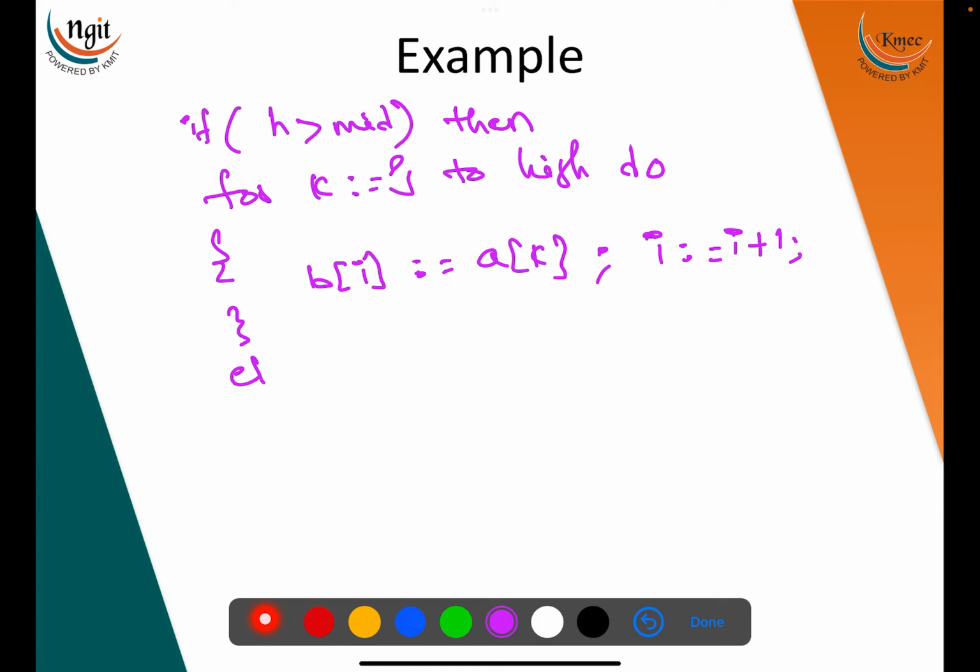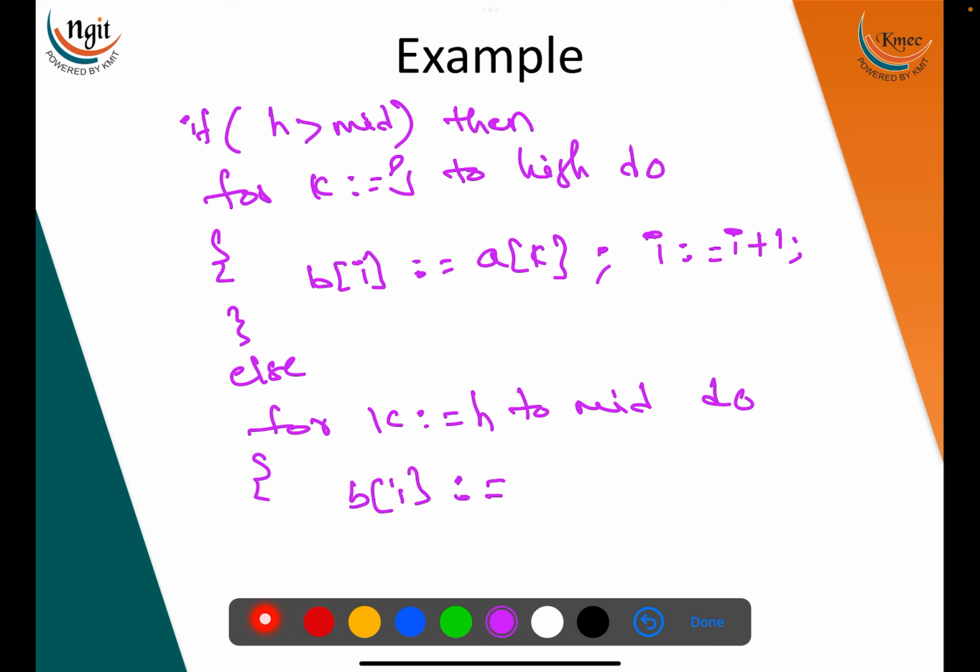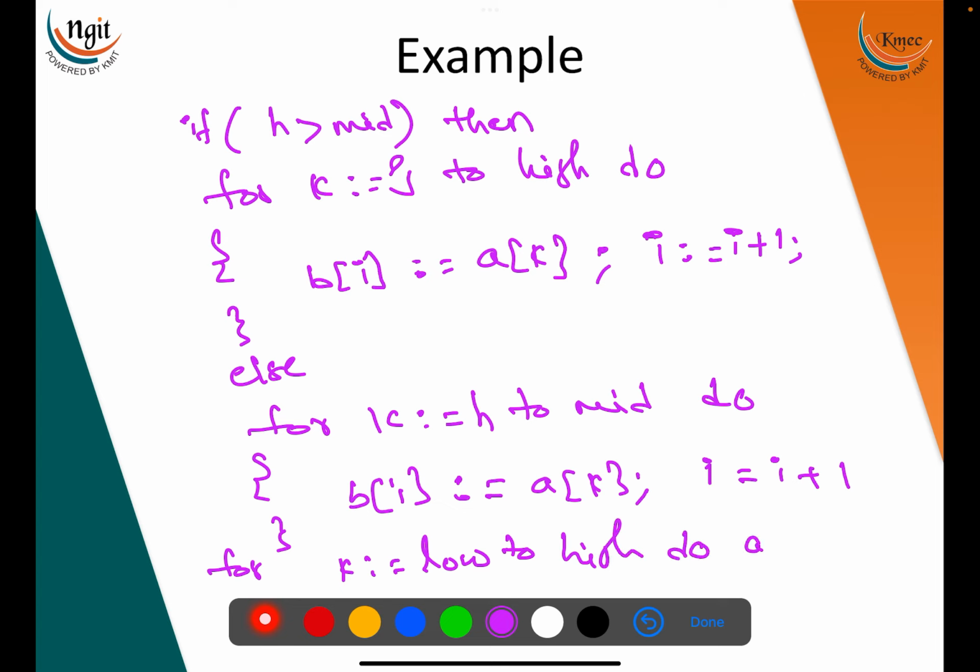If not, for k is equal to h to mid, do B of i is equal to A of k, i is equal to i plus 1. And this thing will be repeated. For k is equal to low to high, do A of k is equal to B of k.